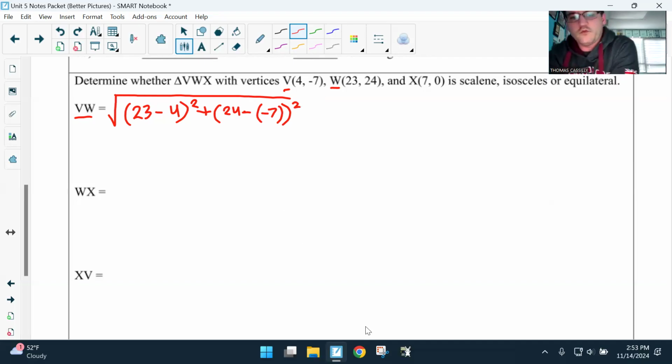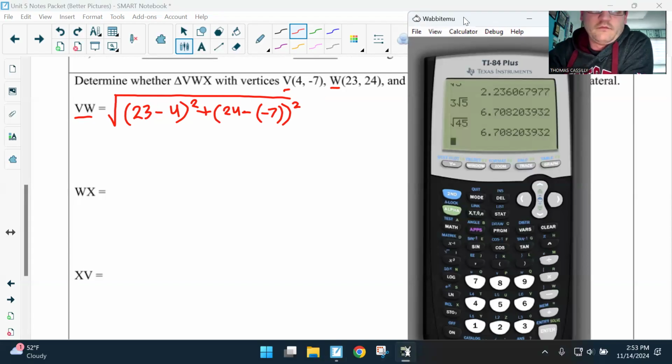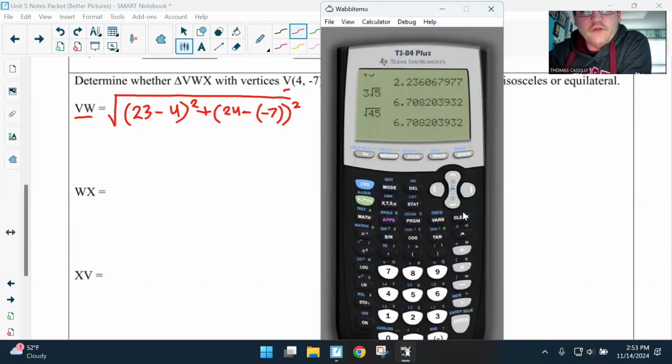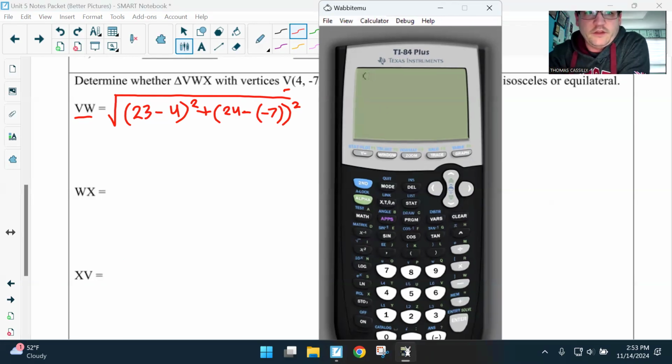All right. Let me show you how, if you're using one of my graphing calculators, you do this. Everything that's underneath that square root, you can just throw in the calculator as is. So watch this. All right, look at what's underneath. I got 23 minus 4 squared.